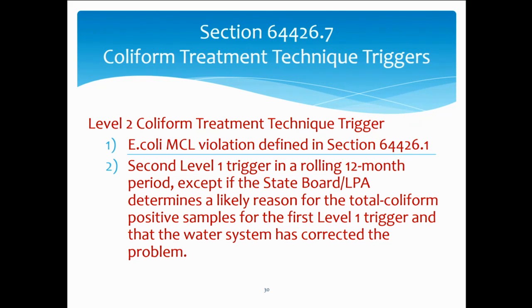The exception, though, is if you do your level 1 assessment, you find the issue and you fix the issue, then if you have a second level 1 trigger within 12 months, the first one doesn't count towards kicking you into a level 2 assessment. The idea there is you did the assessment, you found the problem, you took care of it, that's done. It doesn't go into the future with your next assessment.